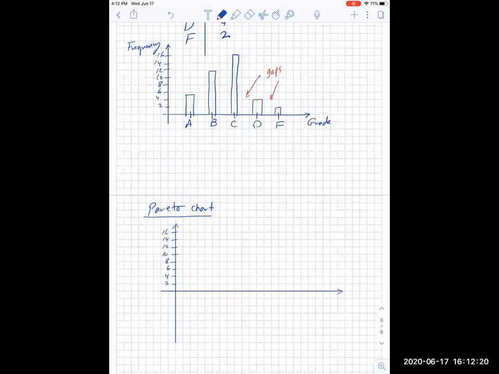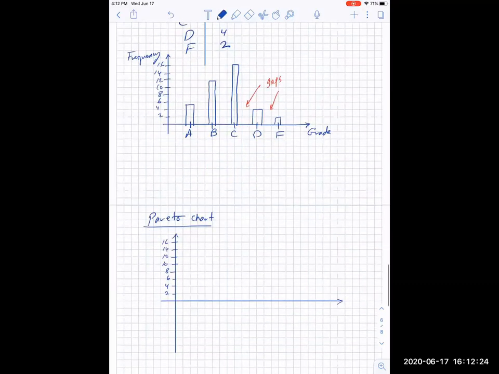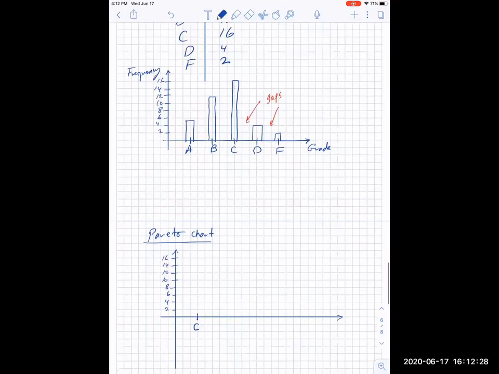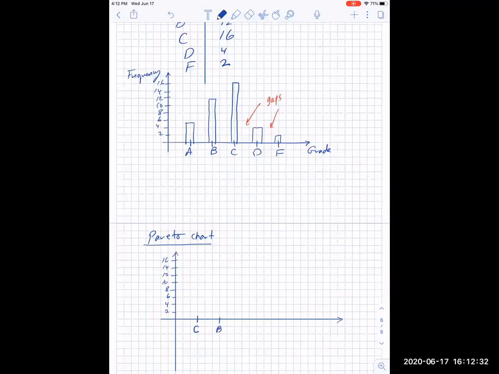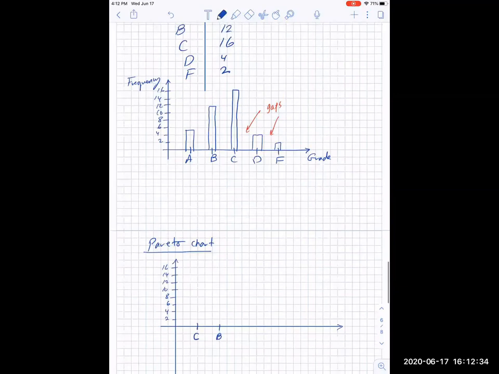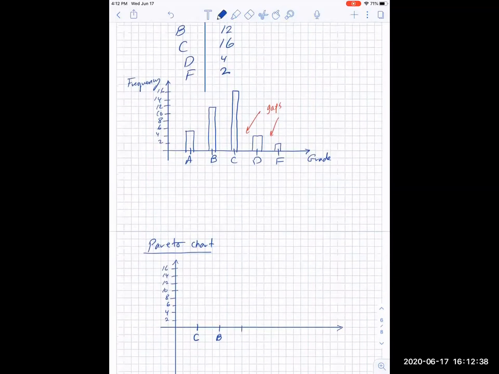But I'm gonna see which category is the highest, the C. I have C, so I'm gonna put C first. The second highest is B. And then A. And then D. And then F. Grades.